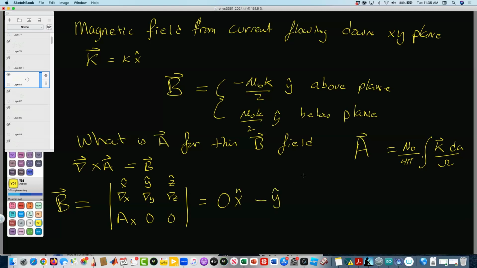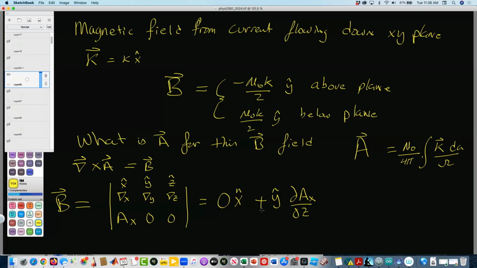This is 0, so del X on 0 is 0, but then we get minus del Z on AX. So partial AX, partial Z with a negative sign, which gives me another plus. Okay. Therefore, I now have a differential equation for A, because B, right?